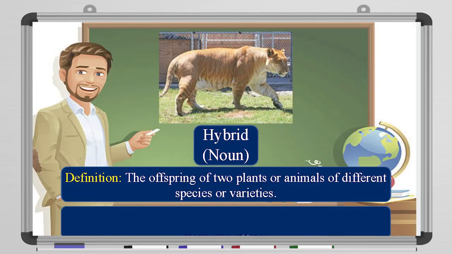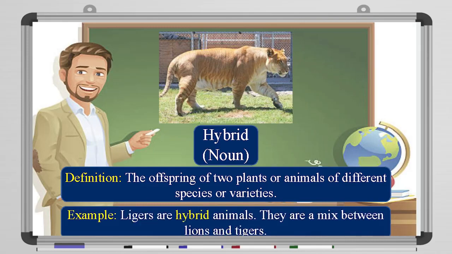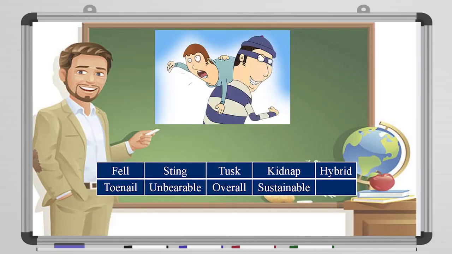So like the example we have in the picture, we have a lion and we have a tiger. They are different species, but they mix to bring the liger. So for example, ligers are hybrid animals. They are a mix between lions and tigers. Did you get that one? Let's look at the next.